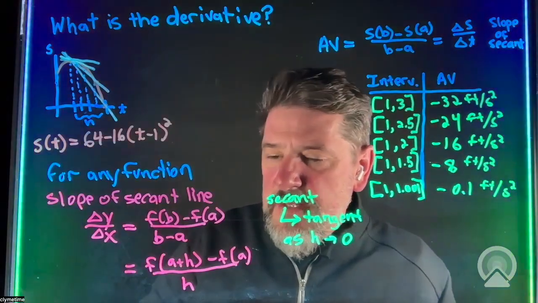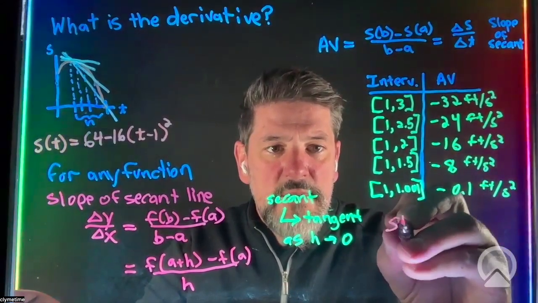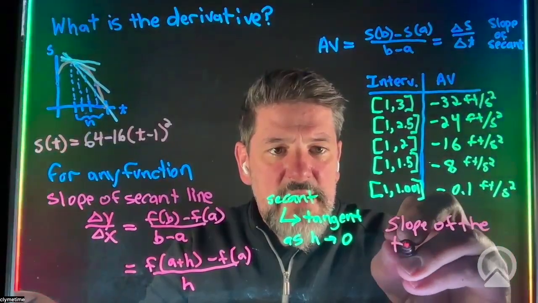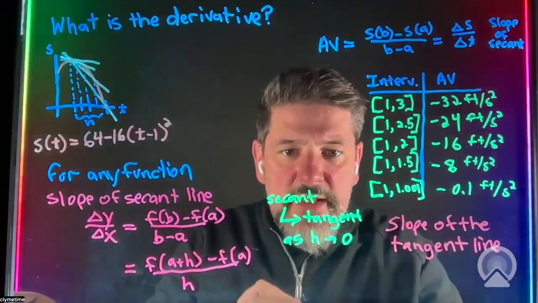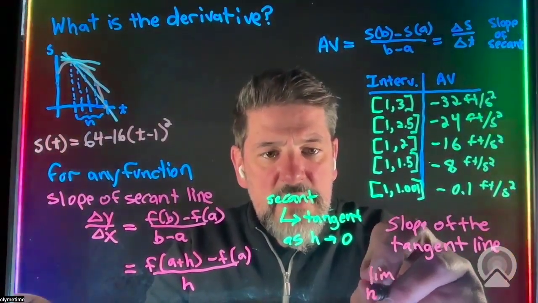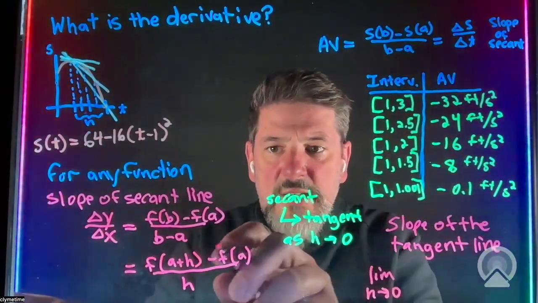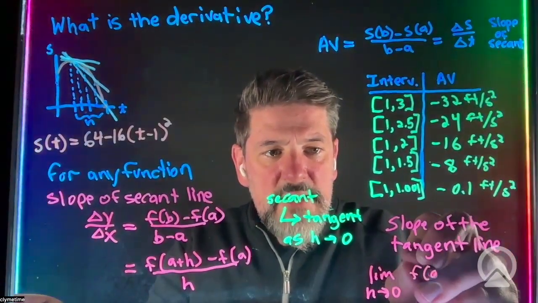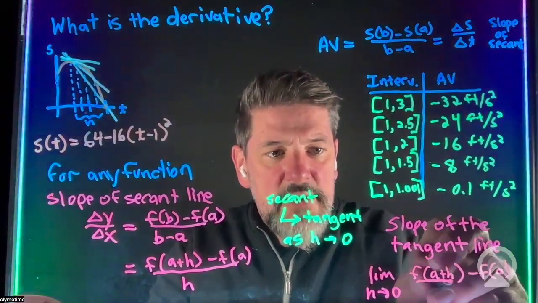So here's the bottom line. Here's the takeaway. What we want is the slope of the tangent line. The slope of the tangent line is going to be, and we learned about limits in a previous video, the limit as h approaches 0, because that's how we get the secant line to turn into a tangent line, of our little formula for the secant line: f of a plus h minus f of a all over h.